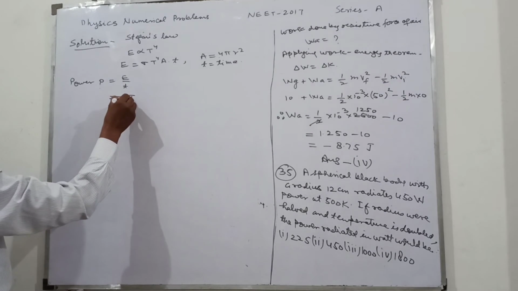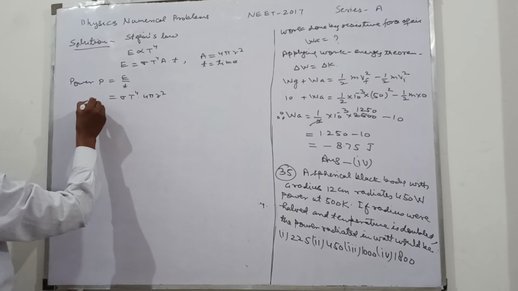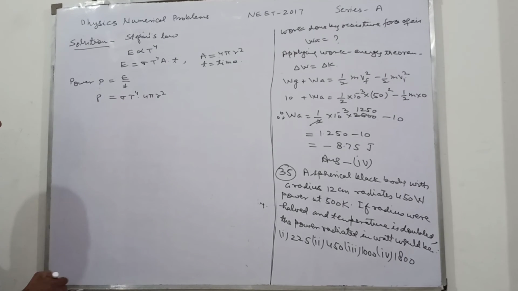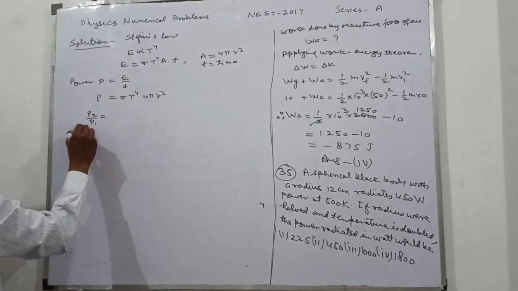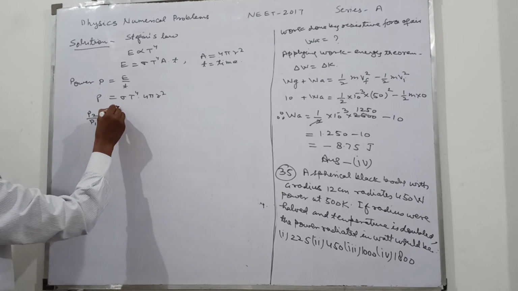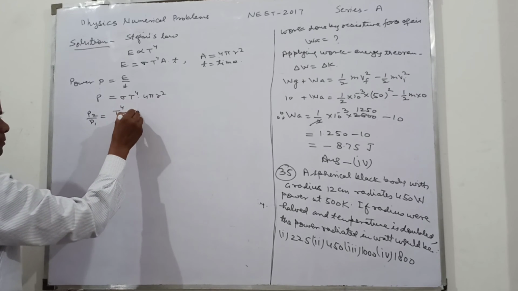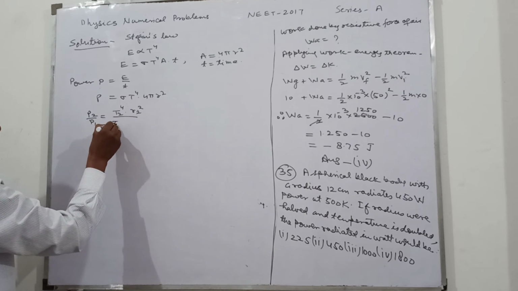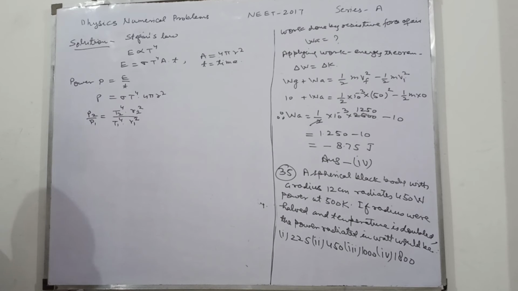Power P equals sigma T to the power 4 into 4 pi r square. Now P2 upon P1 is equal to, all these quantities will cancel, T2 raised to power 4 into R2 square upon T1 raised to power 4 into R1 square.